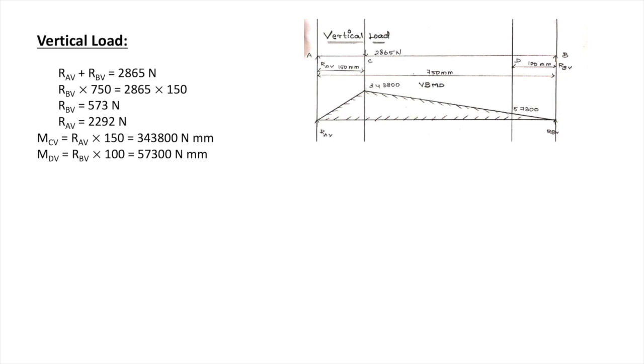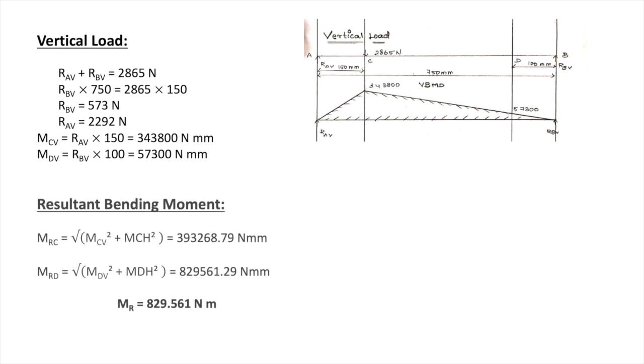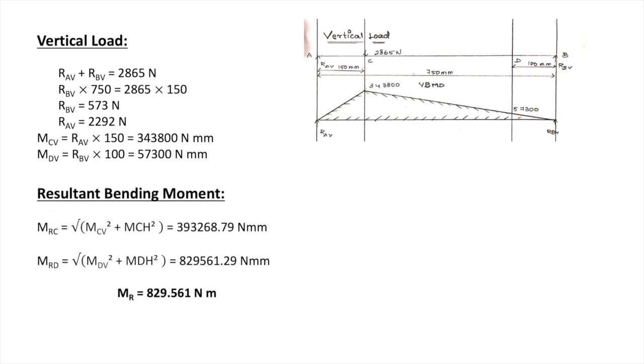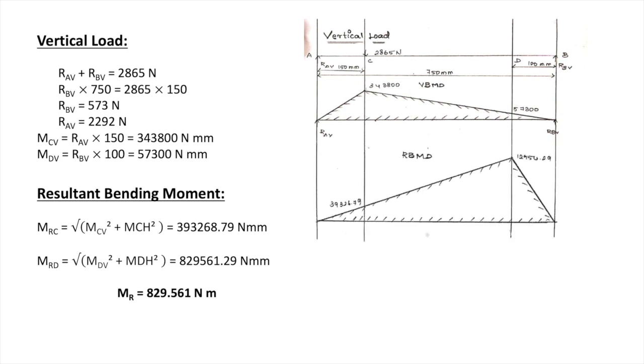Now moving on to finding the reactions. The resultant moment at C will be equal to the square root of MCV square plus MCH square, which is the gear's vertical moment square plus the gear's horizontal moment square. Both the vertical and horizontal moments will give you the resultant bending moment at the gear, which is equal to 393,268.79 Newton mm.